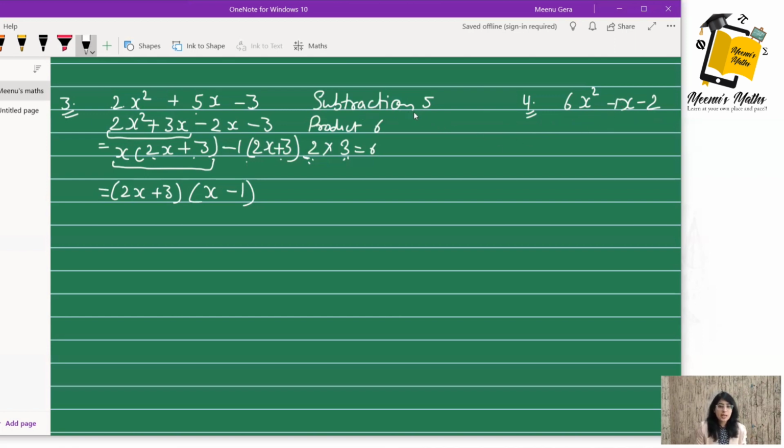That means the subtraction should be 1 and the product should be 6 2s are 12. I think most of you are able to look at the splitting that we are getting, 4 and 3. 4 minus 3 is 1 and 4 3s are 12. And if any one of you is not able to directly see the split terms, go as we have done in the first question, that we want 1 here and we want subtraction.